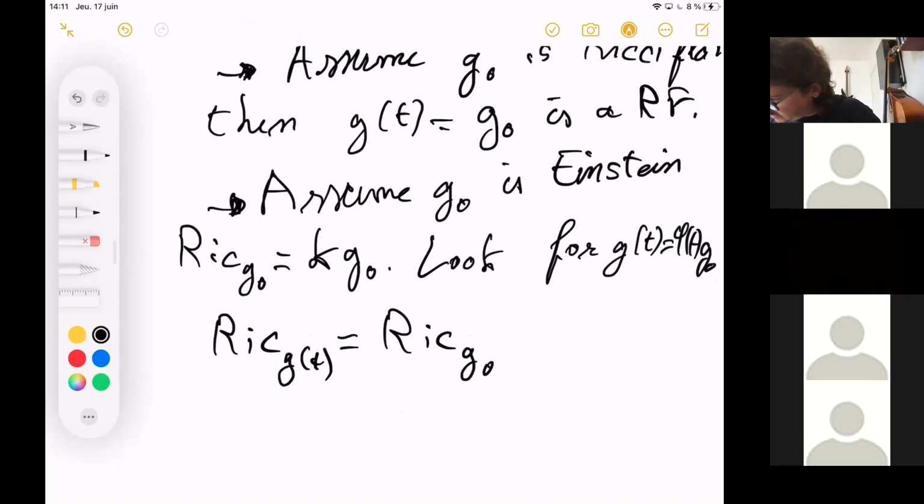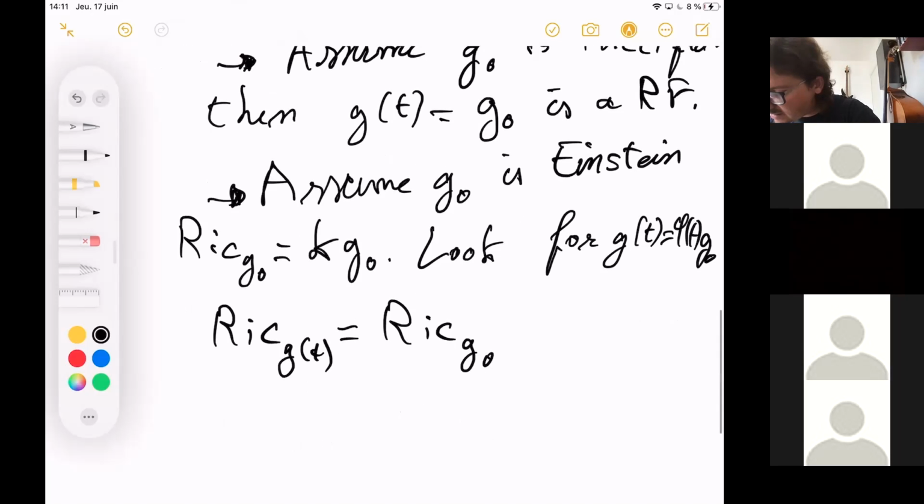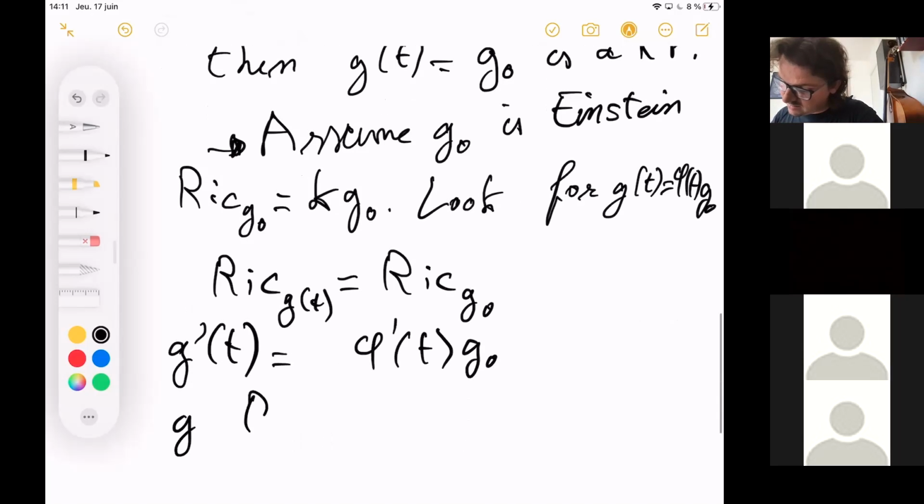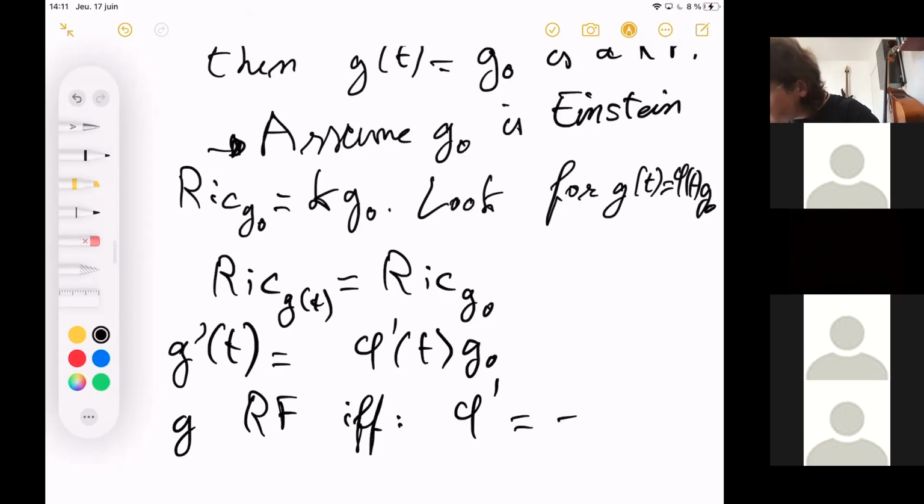Okay, so this is good. So Ricci minus is equal to that, and on the other end, if I compute the derivative of this one parameter family of metric, it's phi prime of t times G naught, and G is a Ricci flow here if and only if phi prime is equal to minus 2k, if I'm not mistaken.